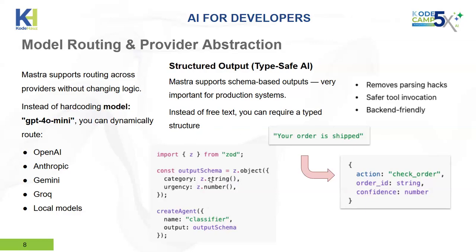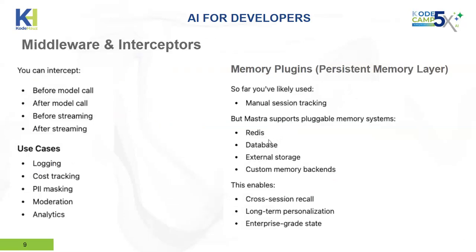So this means that you don't need to stress yourself with JSON parsing, JSON correction, and all of that, right? It also gives you safer tool invocation. And it's also friendly with the backend because the backend also is looking for structured data. Okay. So that's the other thing that it does.